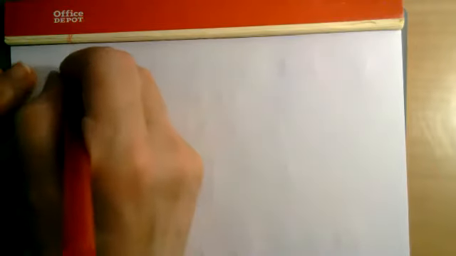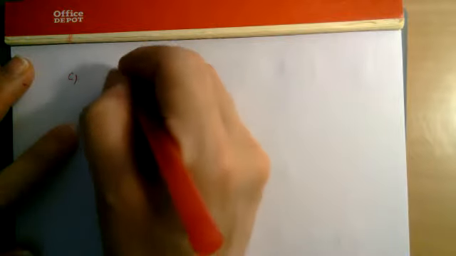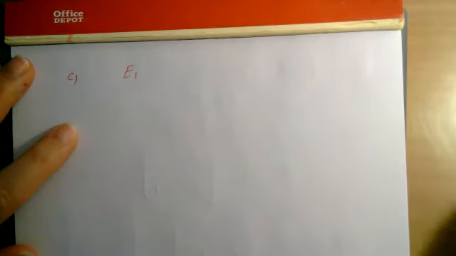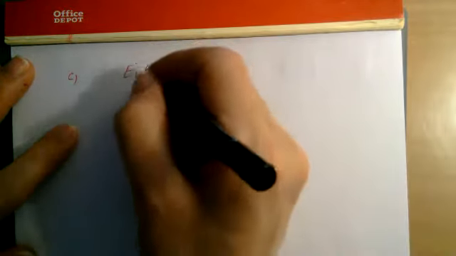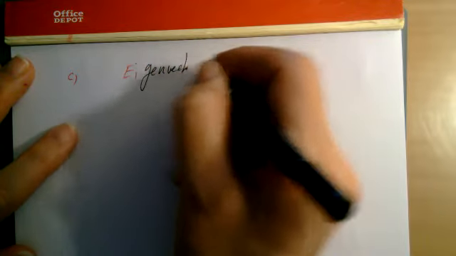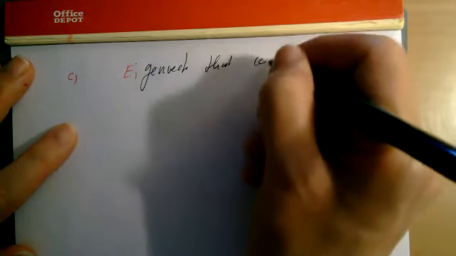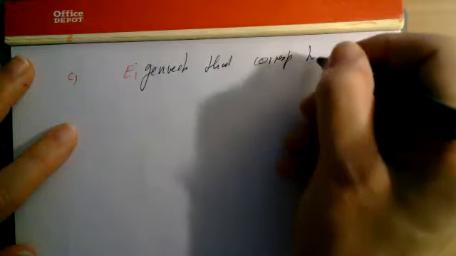All right, now we do C. The last question is the eigenvectors that correspond. We have two eigenvalues: lambda equal 2, lambda equal 4. So the last one is find the eigenvectors that correspond to lambda equal to 2.